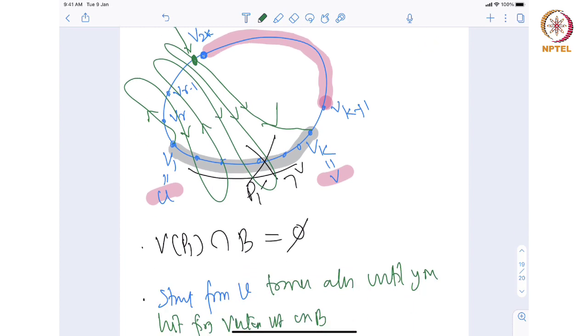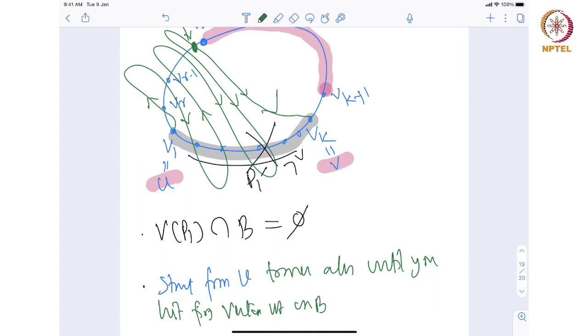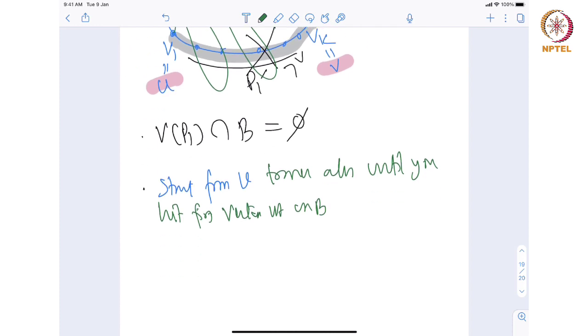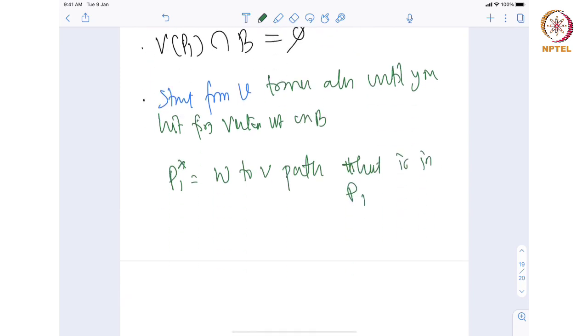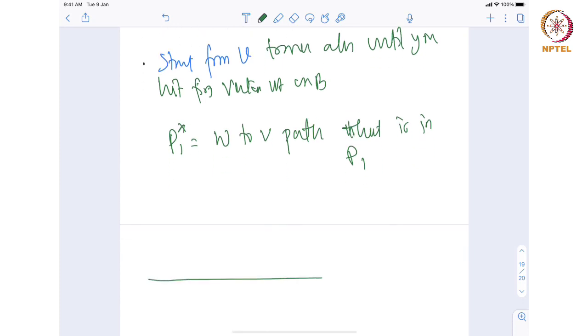So now I can construct a path. How will I construct it? I will follow the green path W to V. So look at P1 star as nothing but the W to V path, which is green, that is in P1. So basically this is your P1, and W is somewhere here.